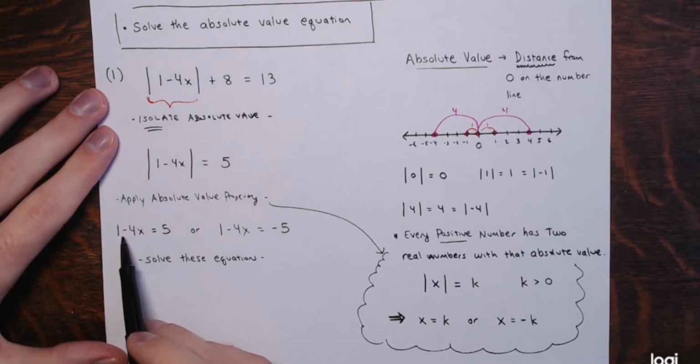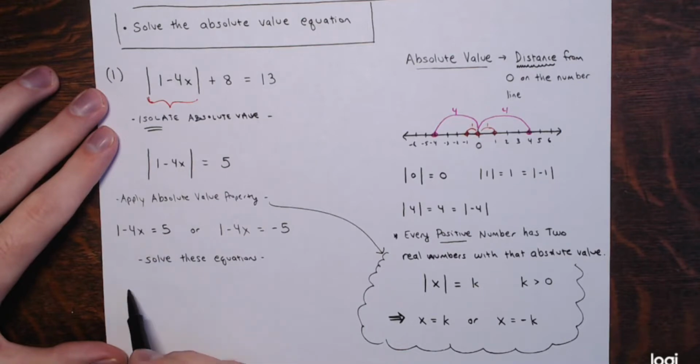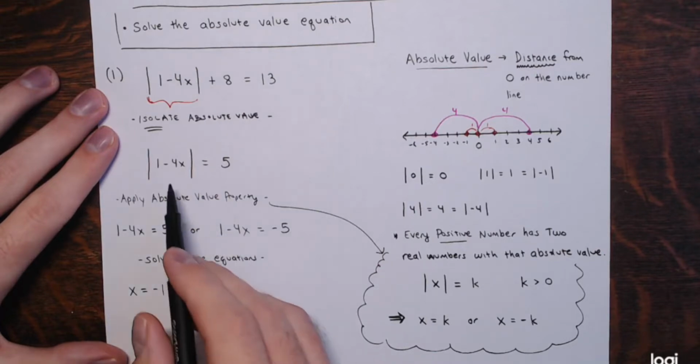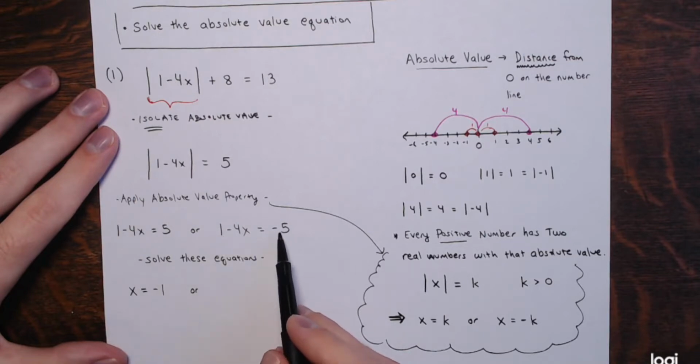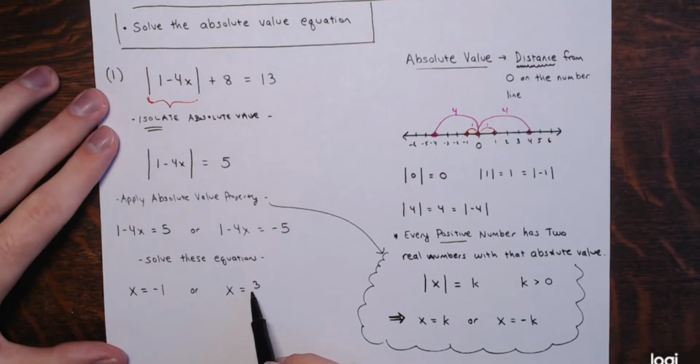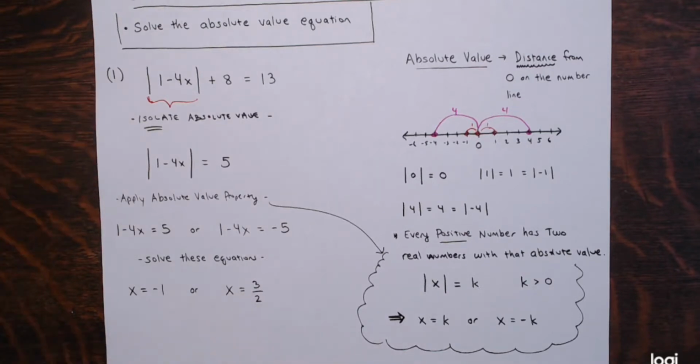So this one, 1 minus 4x being positive 5, I would subtract 1, then divide by negative 4, we'd get x equals negative 1. Or, when 1 minus 4x is replaced with negative 5, we subtract 1, get negative 6, divided by negative 4, x equals positive 3 halves. Negative 6 divided by negative 4 reduces to positive 3 halves, 1.5.